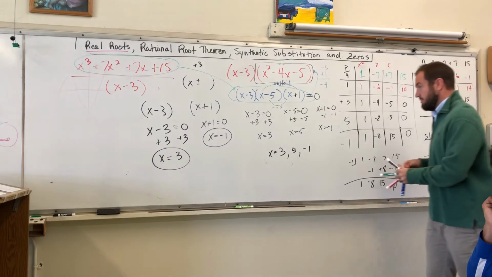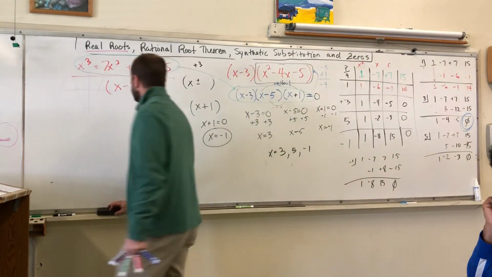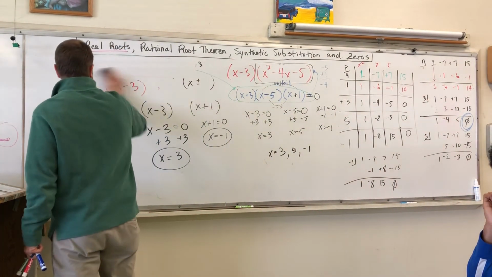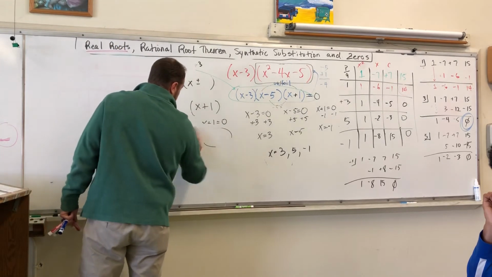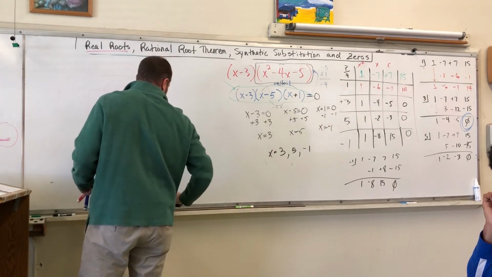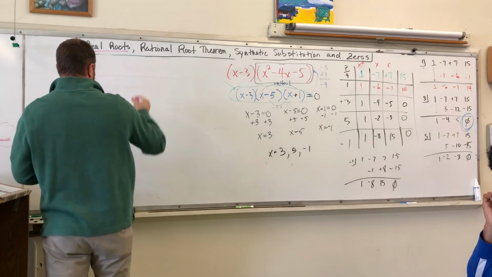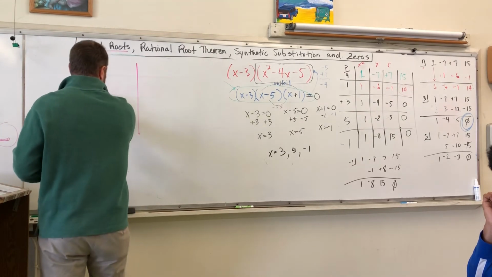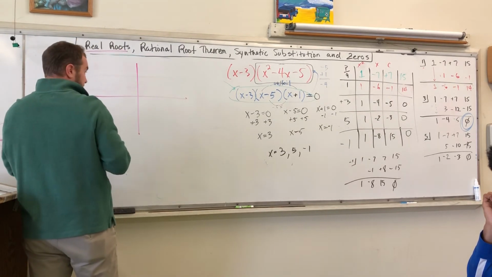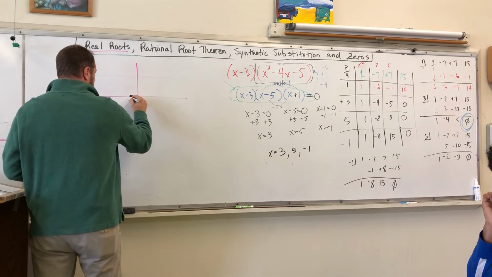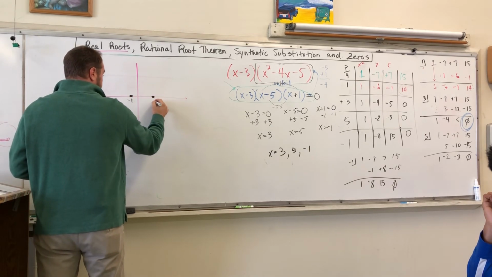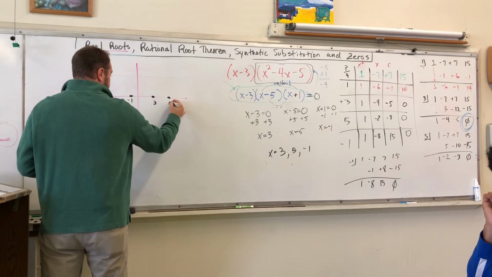And if I wanted to give a rough estimate of how that graph would look, I think it would be negative 1, 3, and 5.